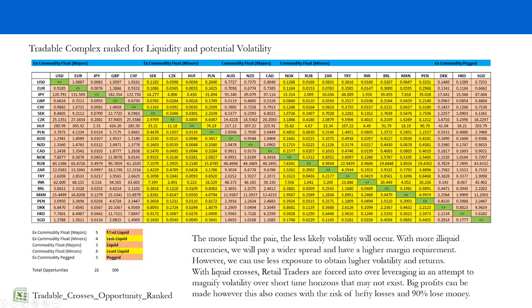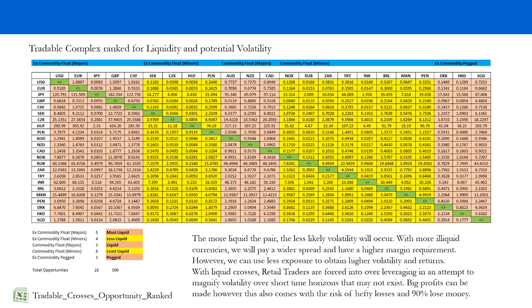So we've also applied some qualitative analysis here, in that we're looking at potential volatility. And generally speaking, what you're going to find is that the more liquid the currency pair, the less likely volatility will occur. Because with more liquid currencies, there's more participants at any one price buying and selling.